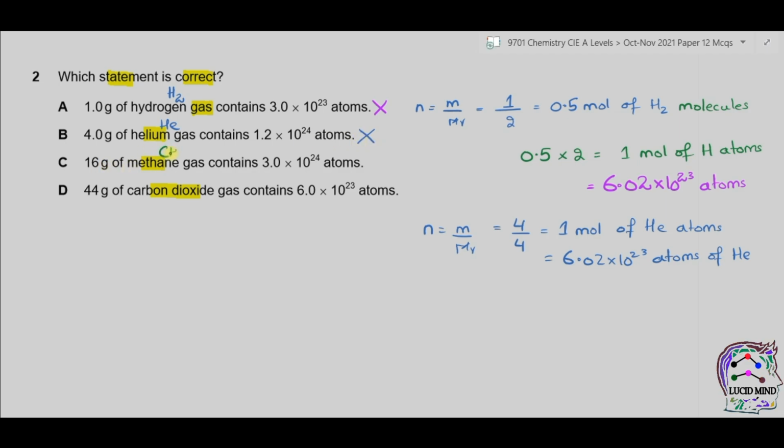For part C, we have methane. Methane is CH4 and it is in the form of molecule. First finding the number of moles. Mass is 16 grams and molecular mass of carbon is 12, and for hydrogen it is 1. So 12 plus 4 hydrogen, it becomes 16. Again, we have 1 mole of methane molecules.